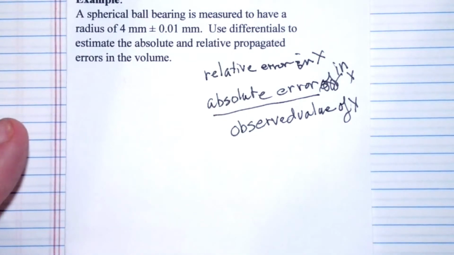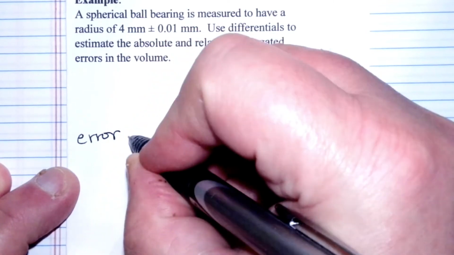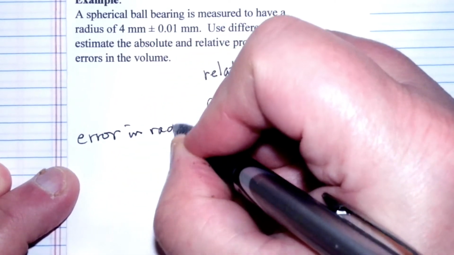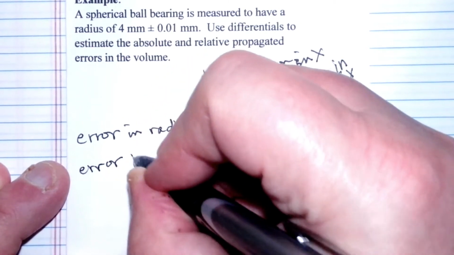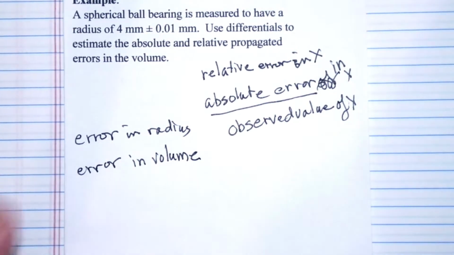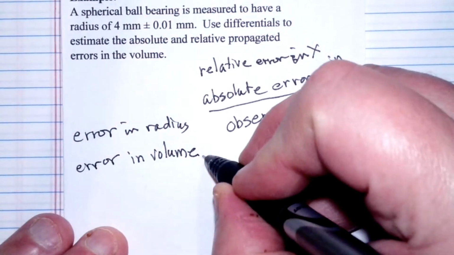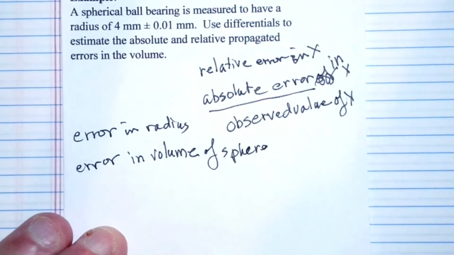Alright, so let's see what's going on. What errors are we interested in? Well, we're interested in the error in the radius and the error in the volume. Now, these are our spherical ball bearings, so this is the volume of a sphere, and this is the radius of a sphere.